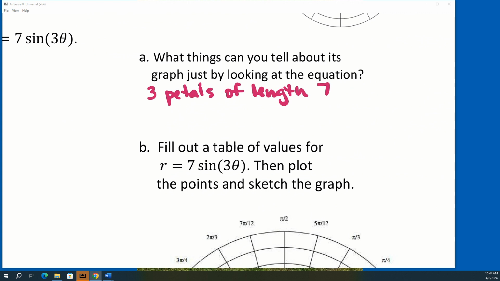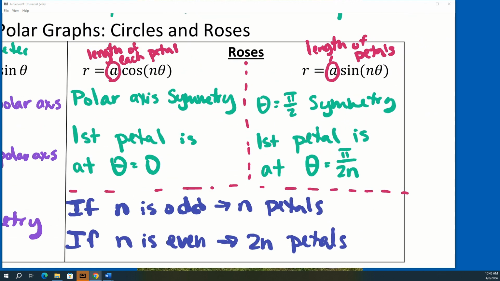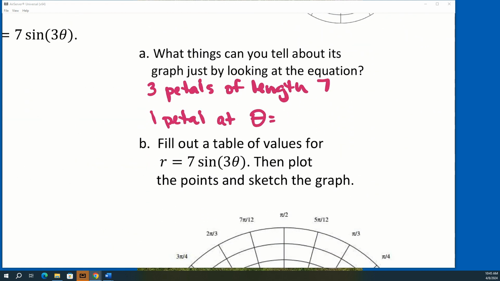And I know my first petal is at that angle. For sine, we take pi and divide it by 2 times whatever n is. n in this case is 3, so it's going to be at the angle pi over 6.